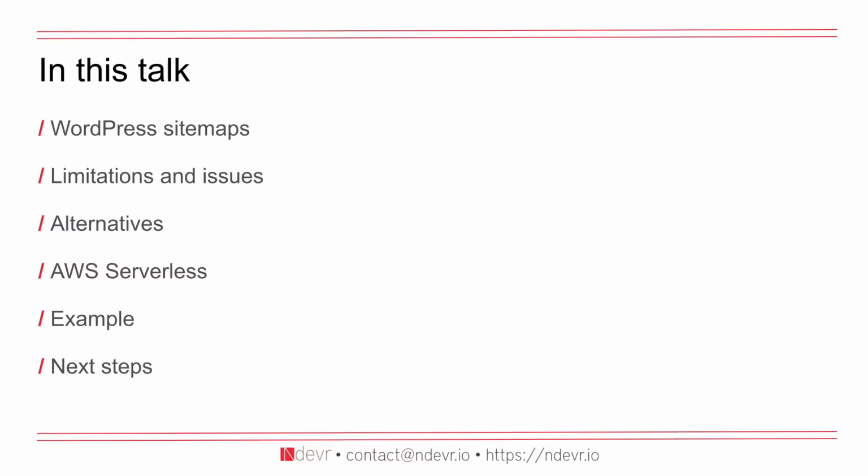Then some alternatives we tried out, before we move on to a quick intro to AWS serverless, and then the example that we tried out, and how we implemented our serverless sitemap, and some of the next steps that we have in our queue.